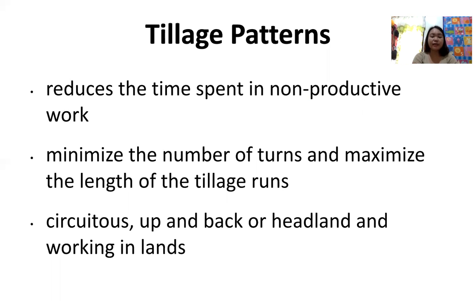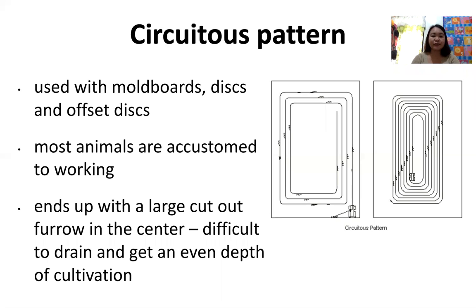So we have the so-called circuitous, up and back, headland, and working inlands. The circuitous pattern is where you start in the outer portion of the land, going toward the center in a square direction, depending on the shape of the land, up to the center.